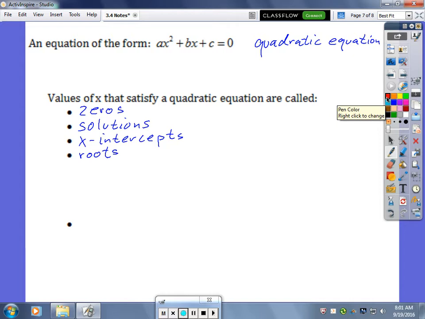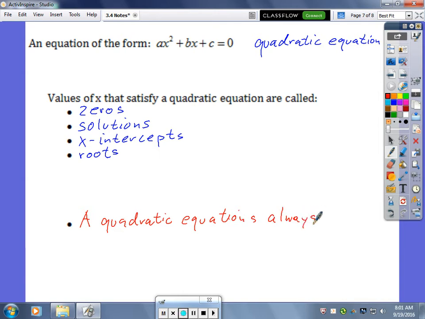A quadratic equation always has two solutions. It always has two solutions. Now those two solutions could be two different numbers. It could be a double solution, and it could even be two complex solutions. But it always has two solutions.